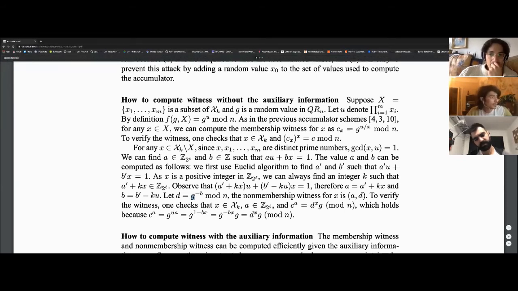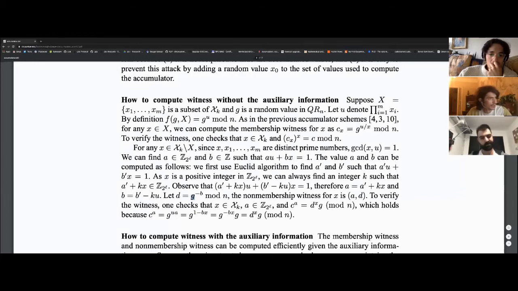And then to verify the witness, you grab a piece of paper. It's a simple calculation. You can verify that C to the A is equal to D to the X, where X is the element you're verifying is not part of the data set, times G mod N. And you can check that it holds by the definition of these Bézout coefficients, right? C to the A is equal to G to the A times U, but now A times U is equal to 1 minus BX, which is G times G to the minus BX.